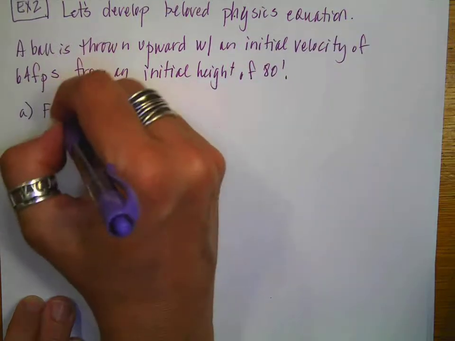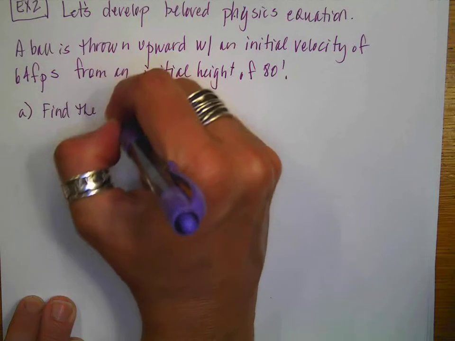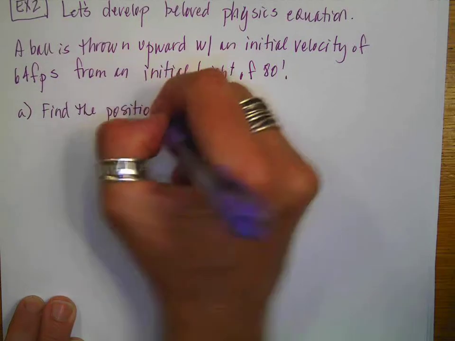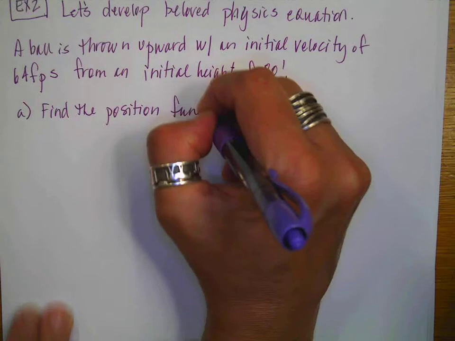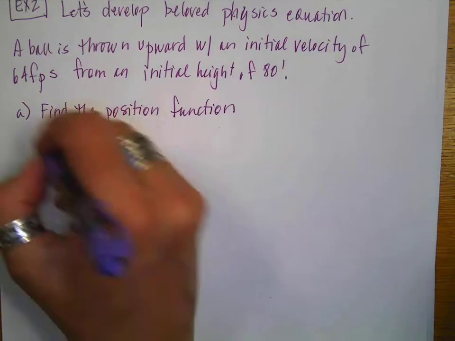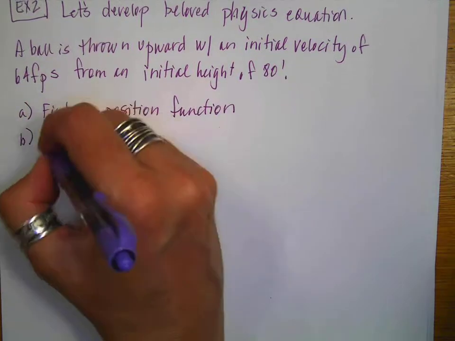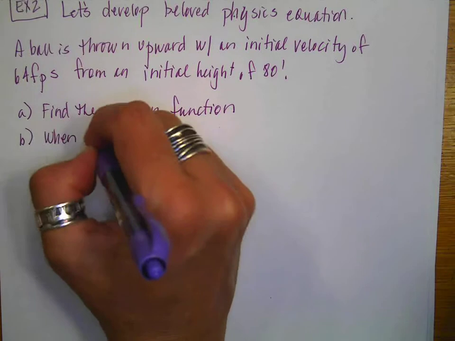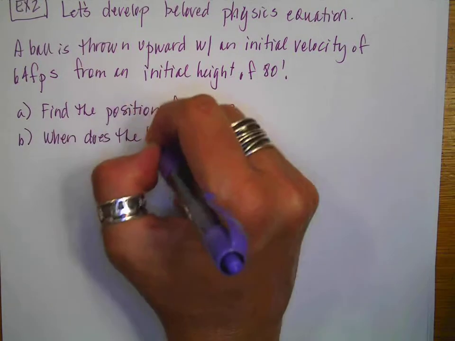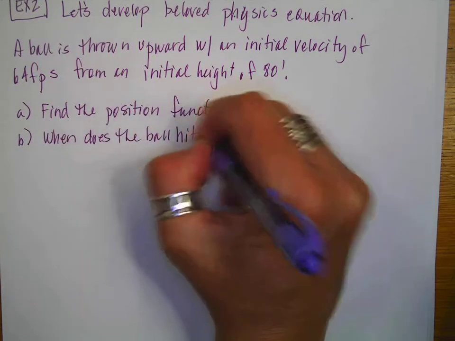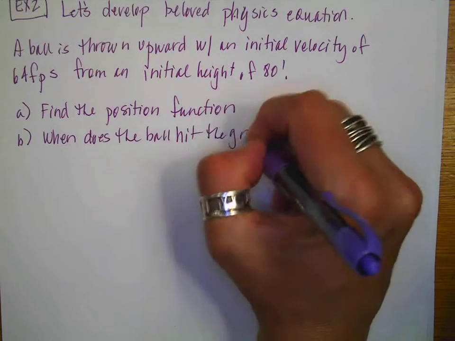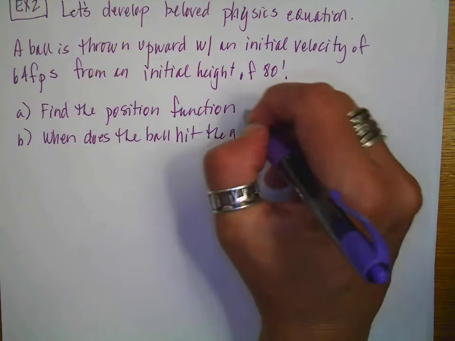The first thing that we want to do is find the position function, and then the second thing, B, is when does the ball hit the ground?